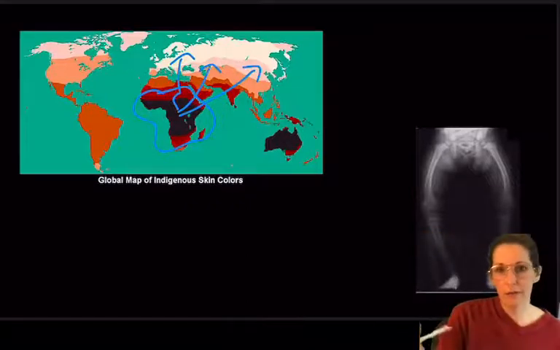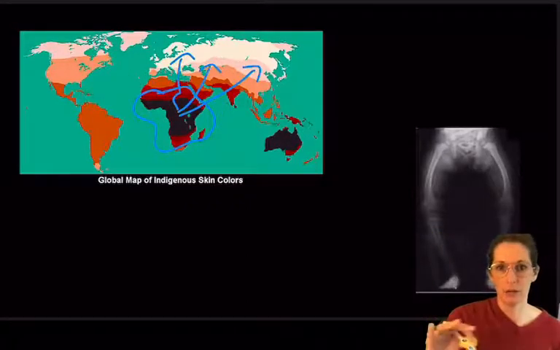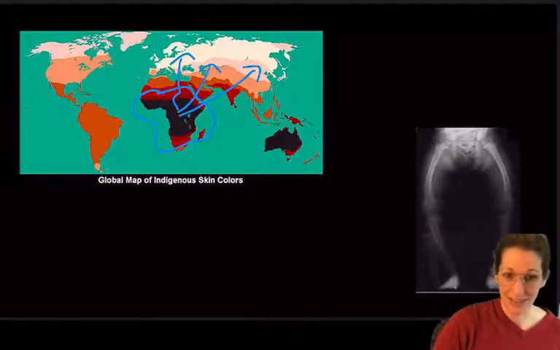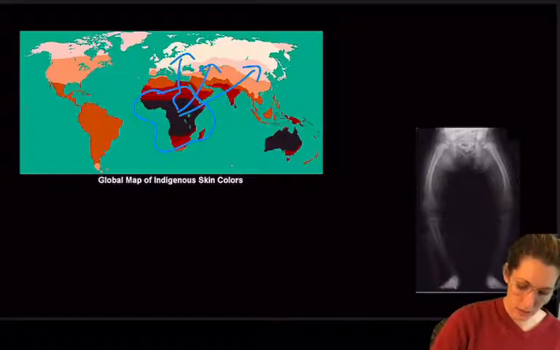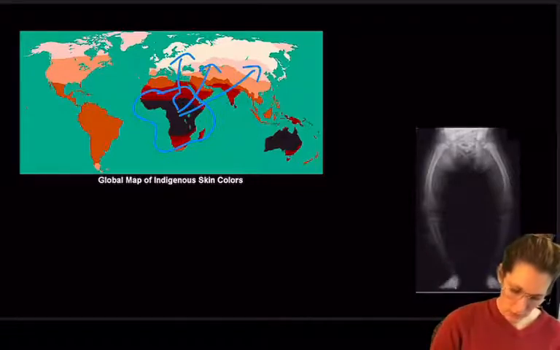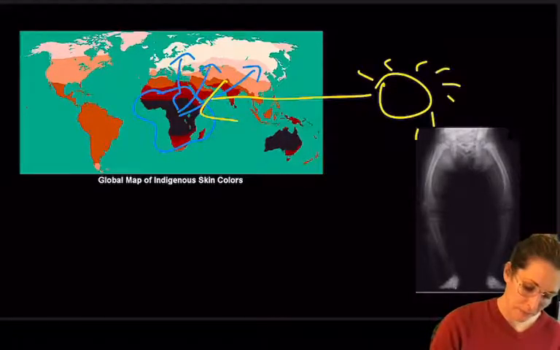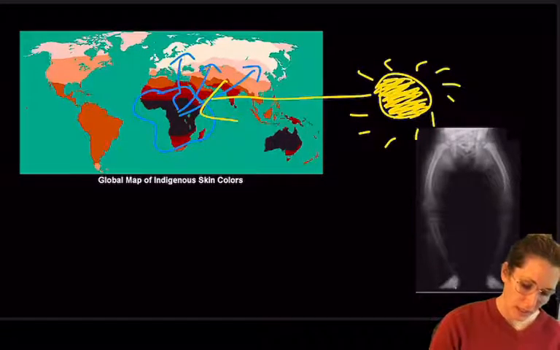So away from near the equator, up into areas that receive less sunlight. We've got lots of sunlight here, and considerably less sunlight here.